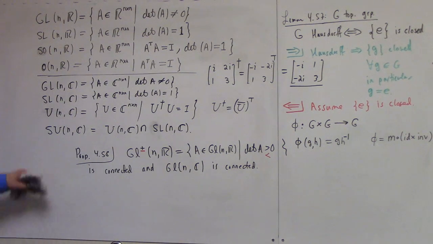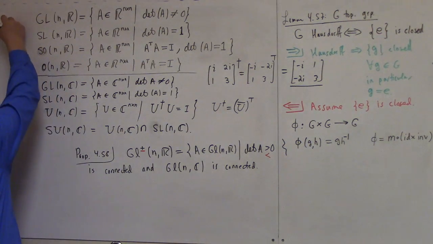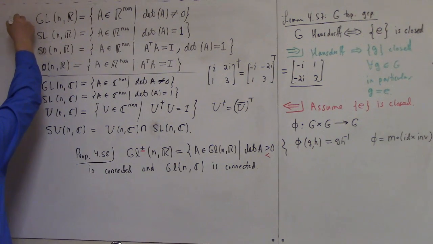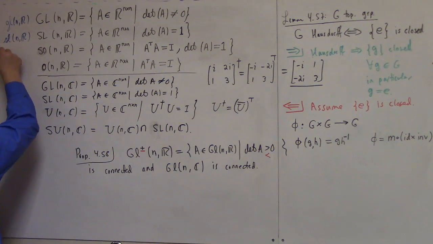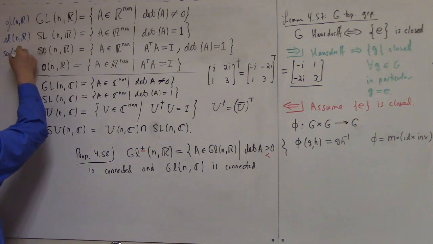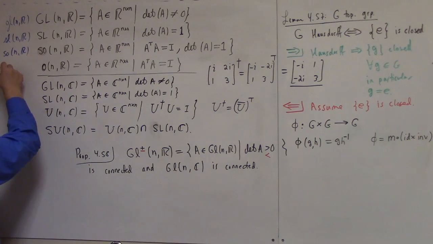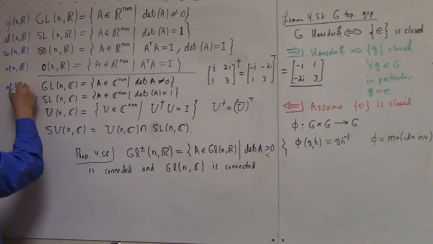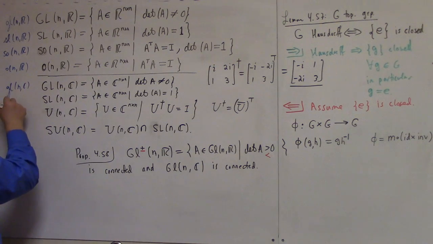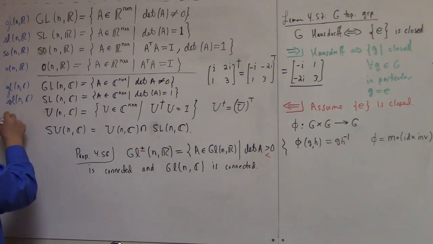I feel bad. Now, by the way, I should mention, although not really appropriate for this course, but for the other course, if you look at little gl n R, little sl n R, so n R, little o n R, GLnC, SLnC, little u n C. I think you see where I'm going with this.